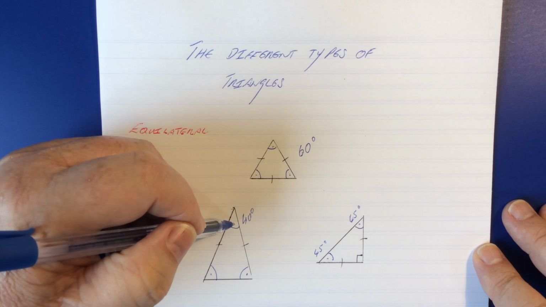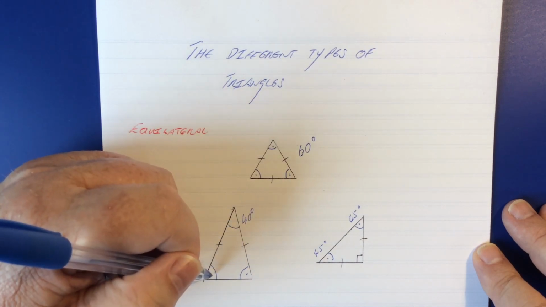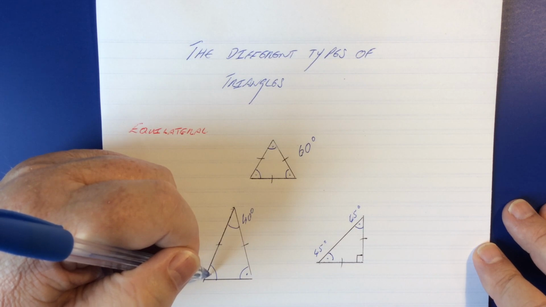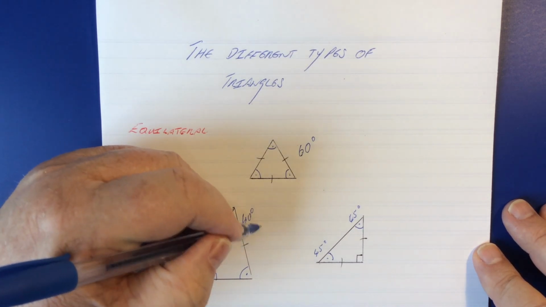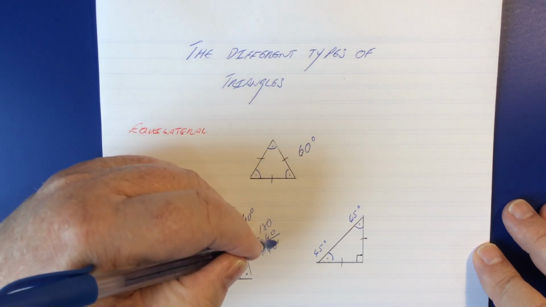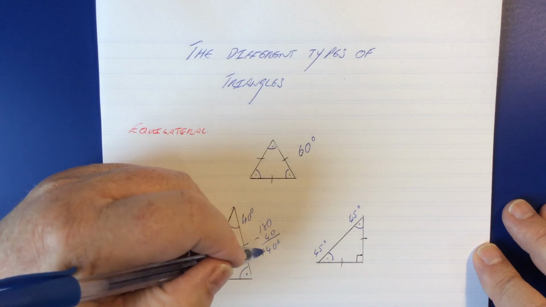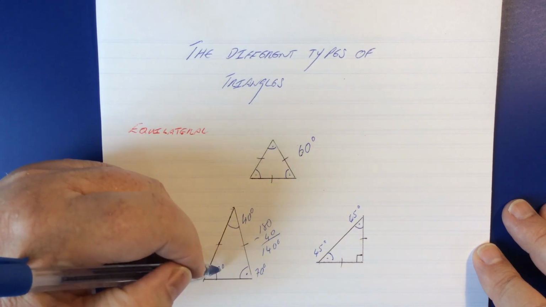Now if that's 40 degrees, these 2 other angles, being the same, must add up to the difference between 40 degrees and 180 degrees. So that's 180 minus 40, which gives us 140 degrees. Split that in 2 and you get 70 degrees here and 70 degrees here.